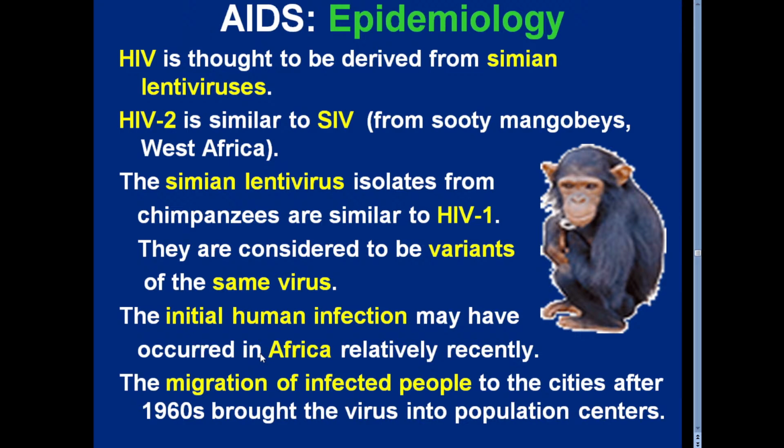The simian lentivirus isolated from chimpanzees is similar to HIV. That's why it is thought that the initial human infections may have occurred in Africa relatively recently. The migration of infected people after 1960 brought the viruses to population centers.